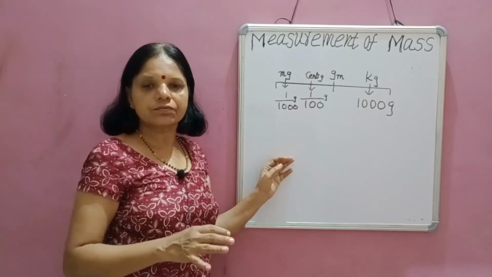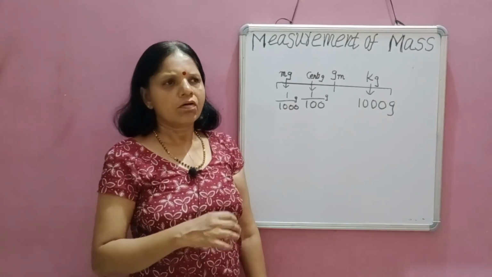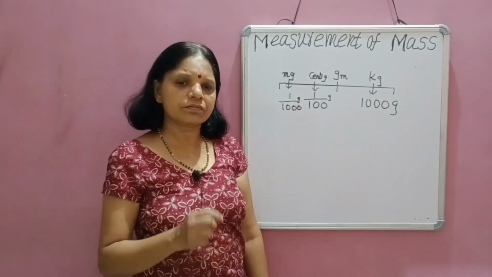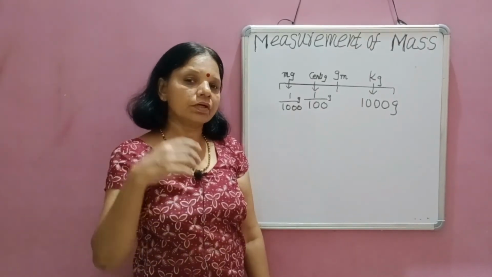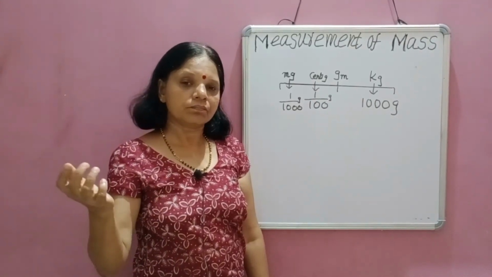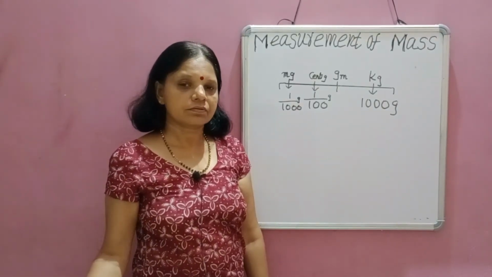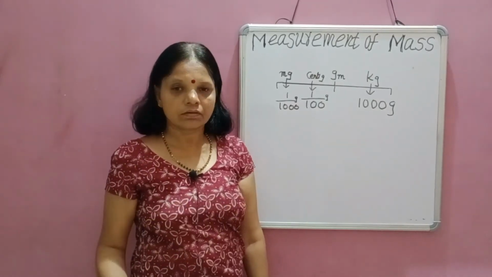Now, the weight of objects will change from place to place. On earth there will be negligible change in different places, but if you go to other planets there will be much difference. If you go to a place where there is no gravity, what will happen?